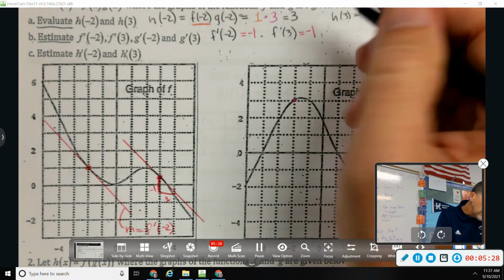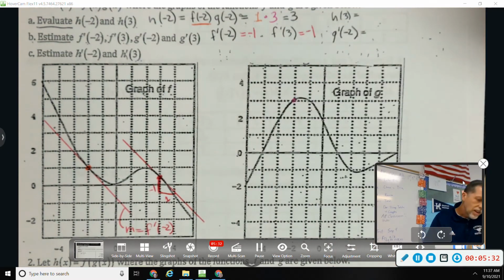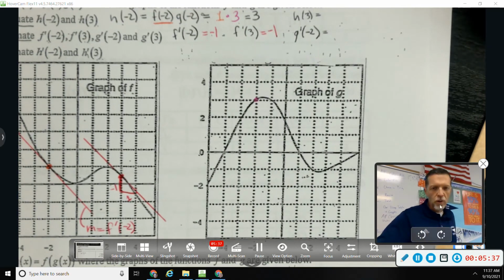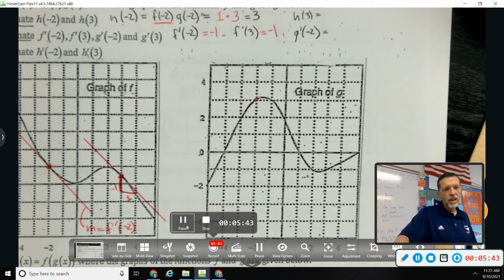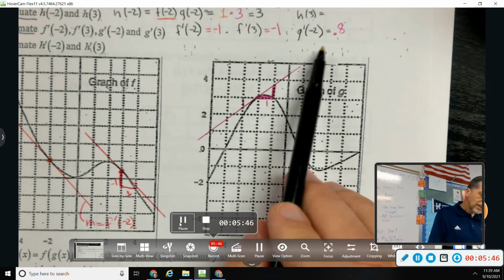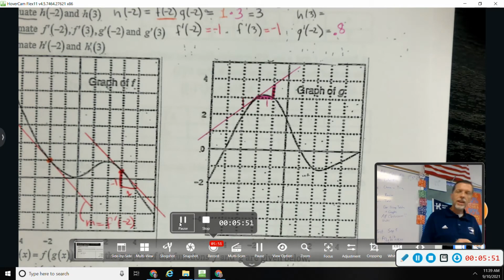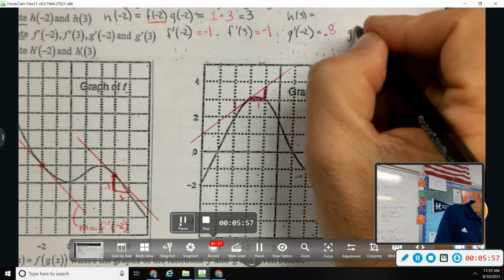G prime of negative 2. Alright, so I'm going to press pause, and why don't you find g prime of negative 2. We'll compare our answers, but they might be slightly different, and that's okay. Again, I got 0.8 because I would go up 0.8 and over 1. Again, it's easiest to go over 1 and then just count how many up or down you went. All right, we'll speed it up a little bit.